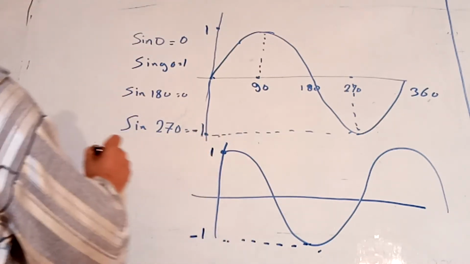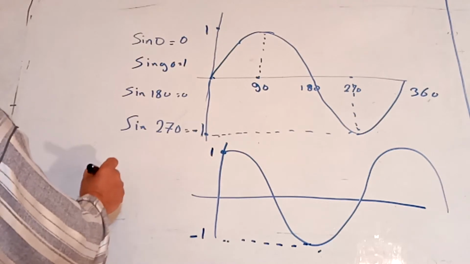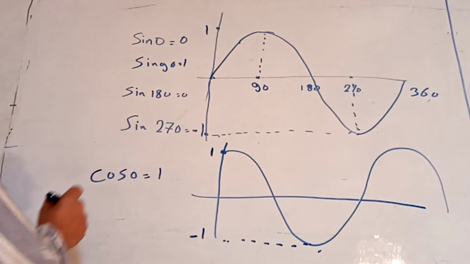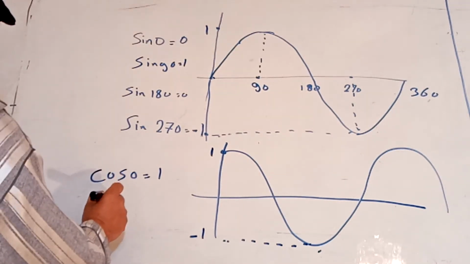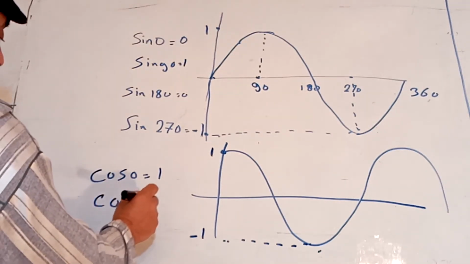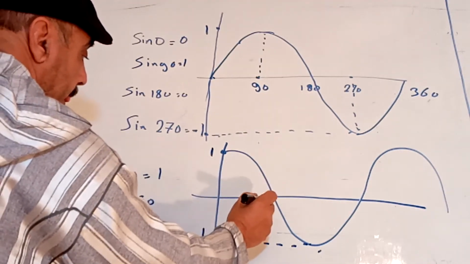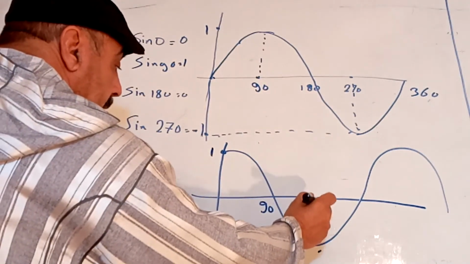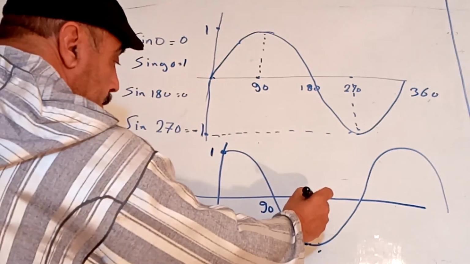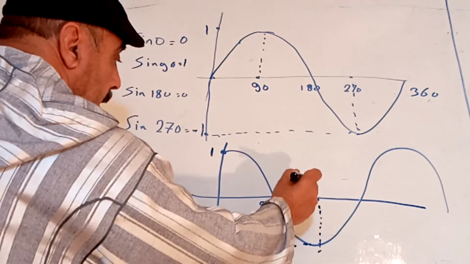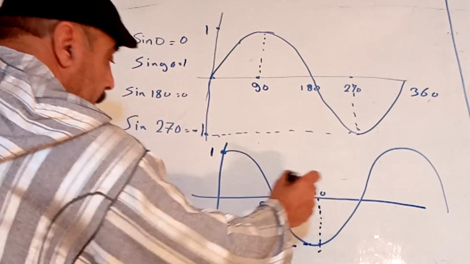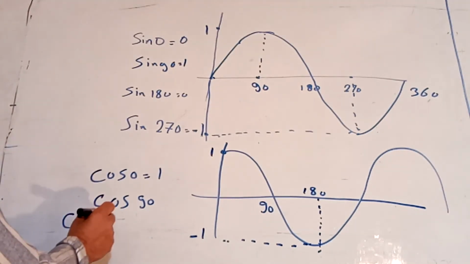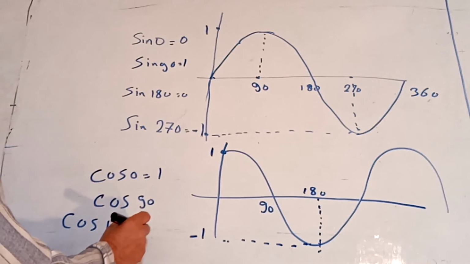You know that cosine 0 equals 1. Cosine 90 equals 0. This is 90. Cosine 180 equals minus 1.